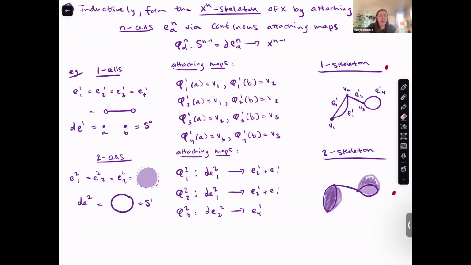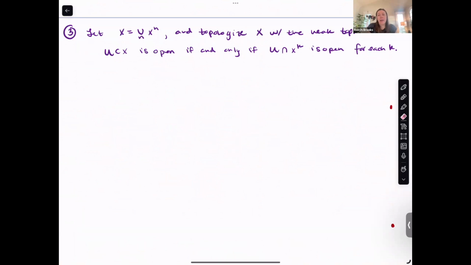We take two-cells, these open disks whose boundaries are just circles, and we attach them to the one skeleton using attaching maps. So we can go on and on forever and just keep adding open balls of dimension n, increasing n, or we can stop at some dimension n. And our CW complex is going to be the union of all its skeletons.